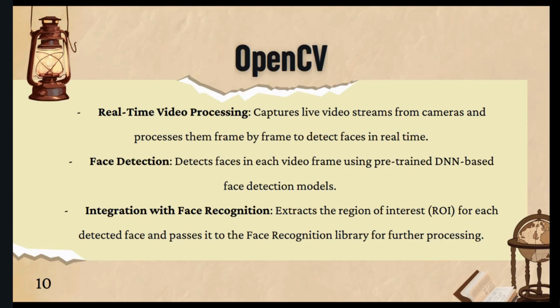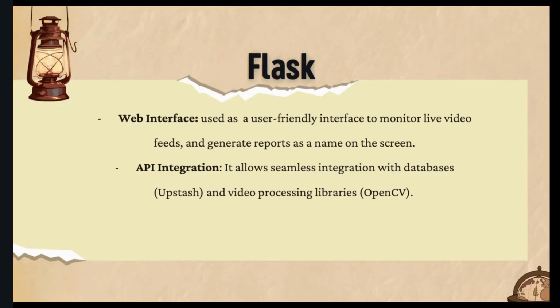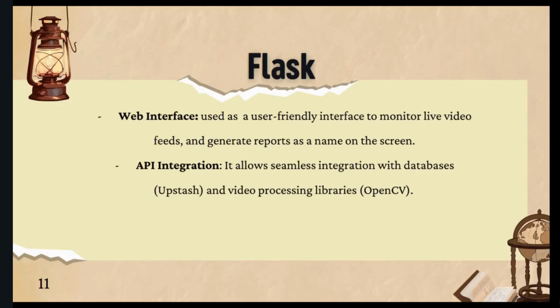For the next slide, we are going to talk about Flask. We use Flask in this project as a user-friendly web interface to monitor the live video feed and display the name matched from the face embedding in our database. Flask allows seamless integration with the database, Upstash, and it can also handle the video processing with OpenCV.